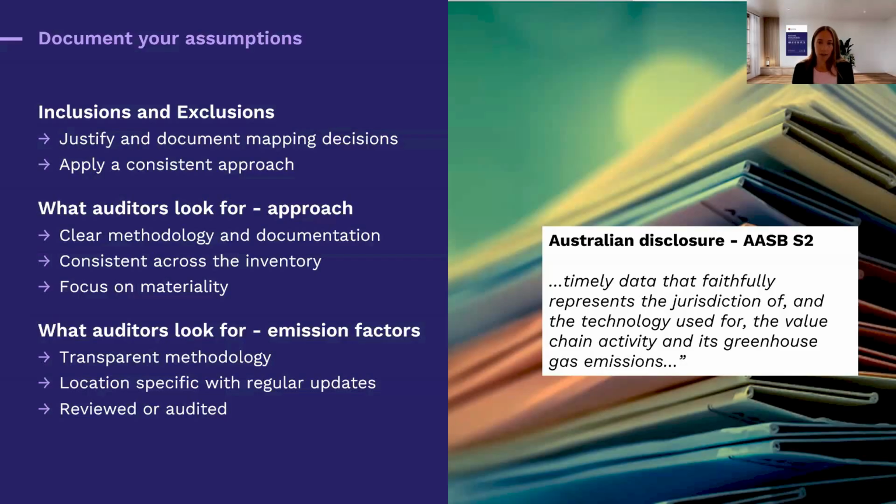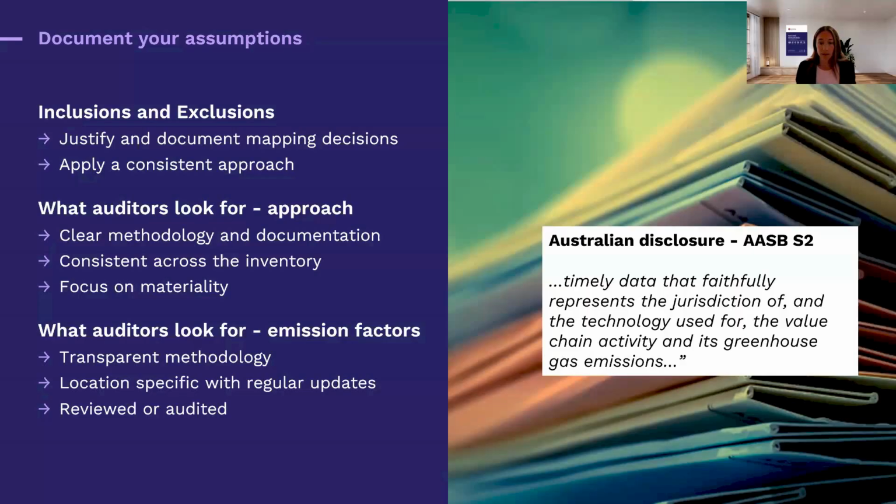And quite often we now also receive the question whether emission factors are reviewed, peer-reviewed, or audited. That might differ, but the question that comes up is: are the emission factors somehow double-checked?